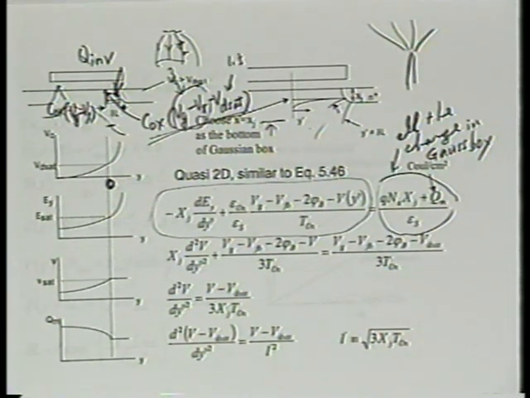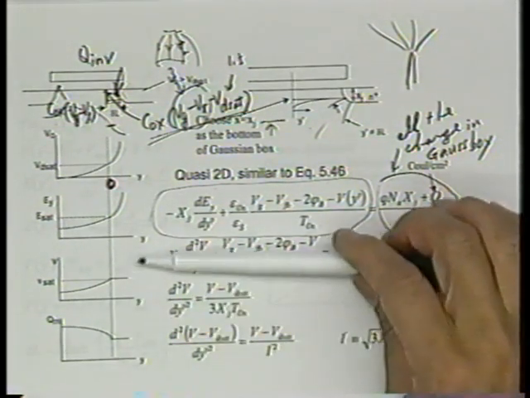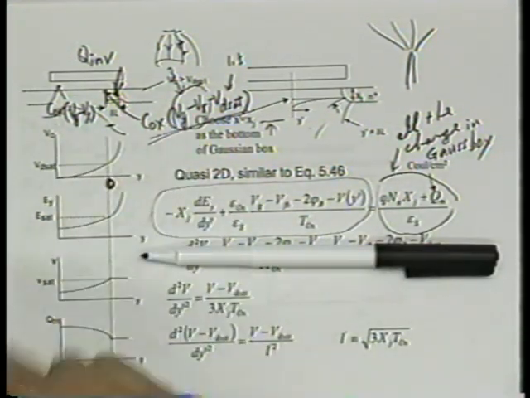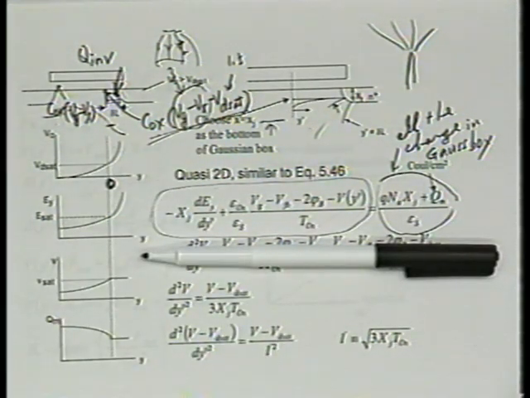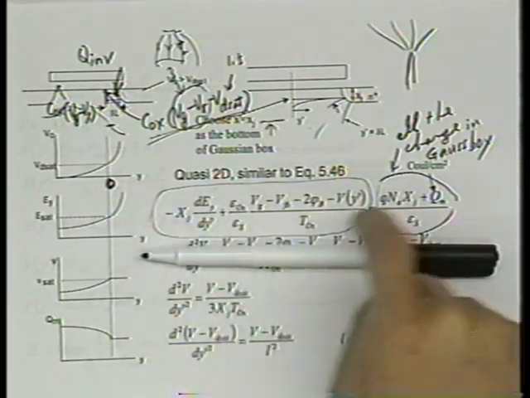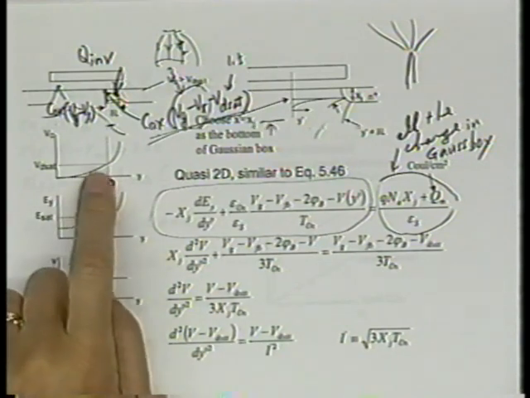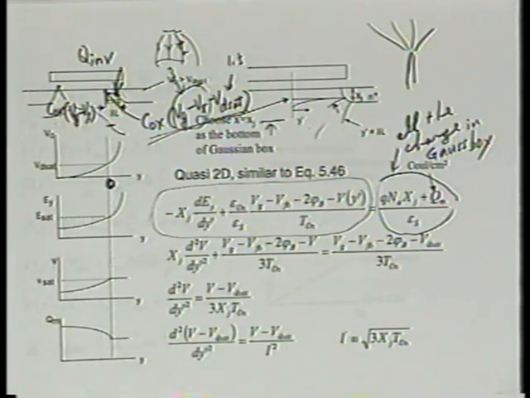Now, how did we get to that? What we did is really very clever. We know this first equation is good throughout this pinch-off region. Is that right? So we're going to evaluate this first equation at y equal to 0, at the beginning of the pinch-off region.